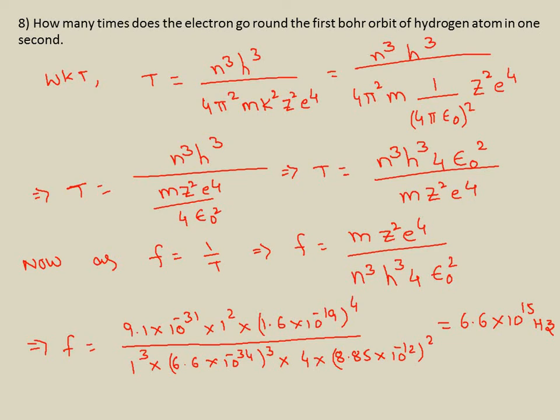For the first Bohr orbit, n = 1 for hydrogen. All the values are well known to us: mass of the electron, charge of the electron, Planck's constant, the z value, and the n value, which is already given. Upon substitution I get 6.6 × 10^15 hertz. That's the frequency.